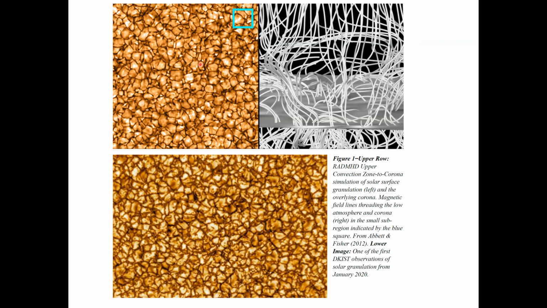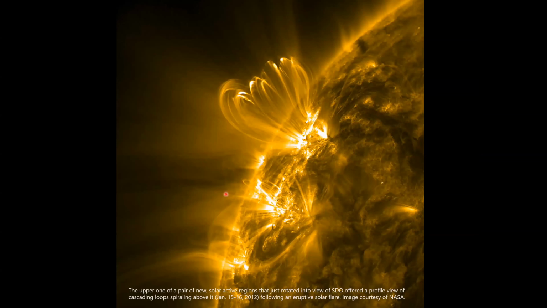But back last year, just pre-pandemic, this lower image here is one of the first images from DKIST. I was pleasantly surprised that, for being such an approximate treatment, it did a reasonable job in some of the qualitative features of what was observed. Obviously, we can't get bright points in the simulation. We're not doing the physics realistically enough.